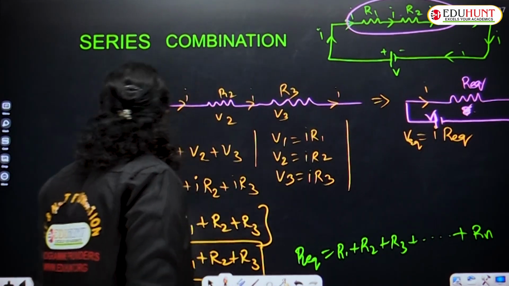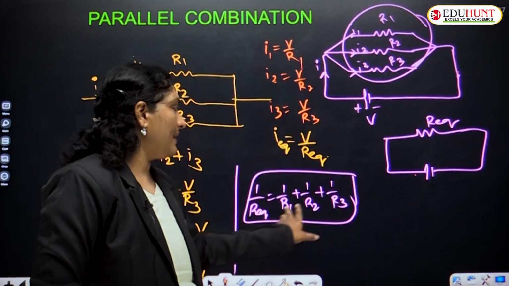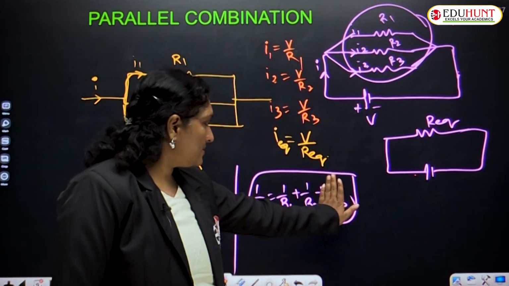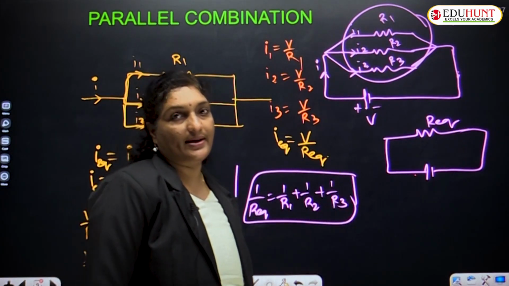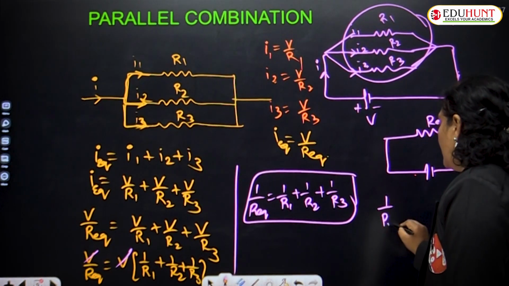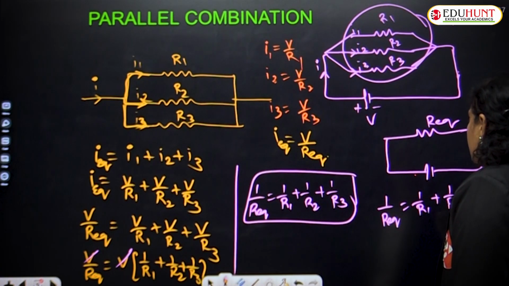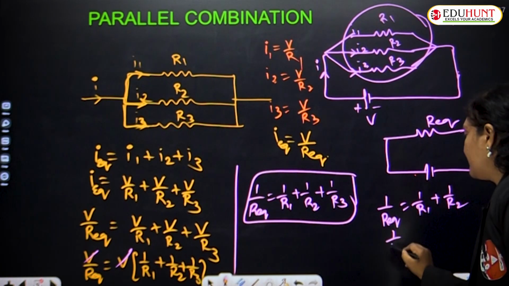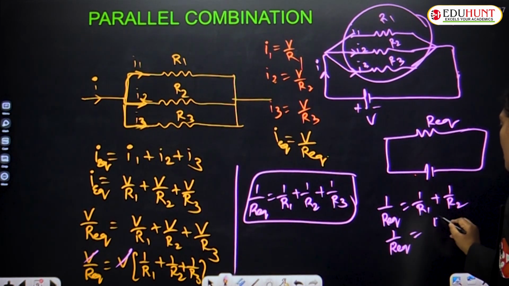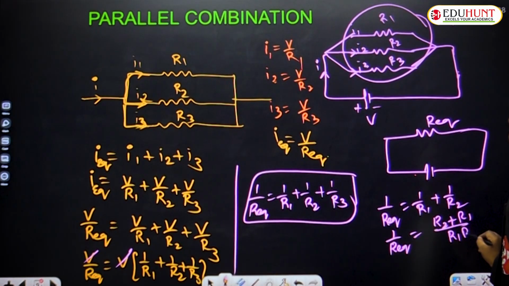Well, now moving to the parallel combination. Suppose the three resistors are connected in parallel, the formula would be something like this. Suppose only two resistors are connected, then 1 by R equivalent equals 1 by R1 plus 1 by R2. After simplification, it can be written as 1 by R equivalent equals, cross multiplying, R2 plus R1 by R1 R2.